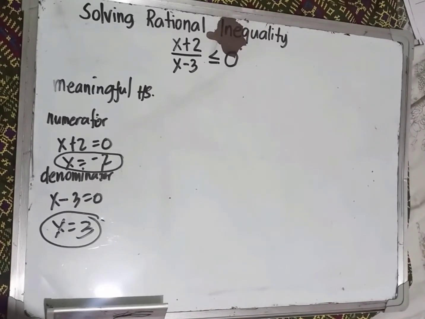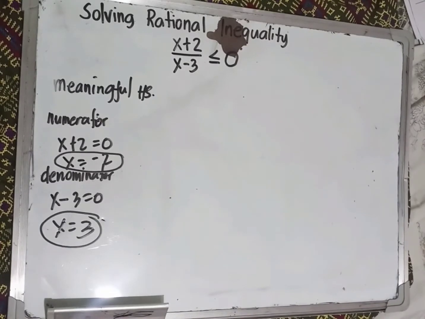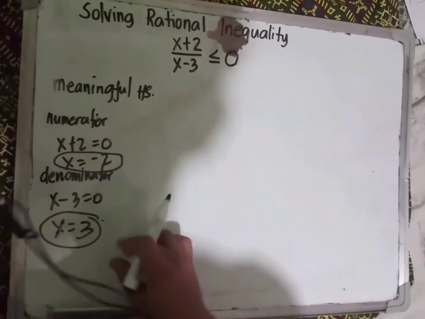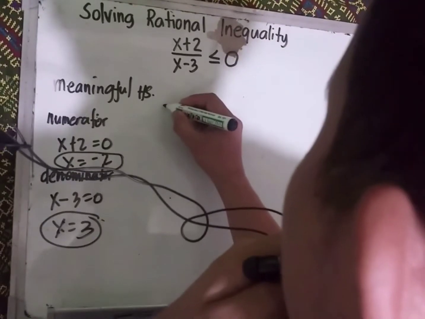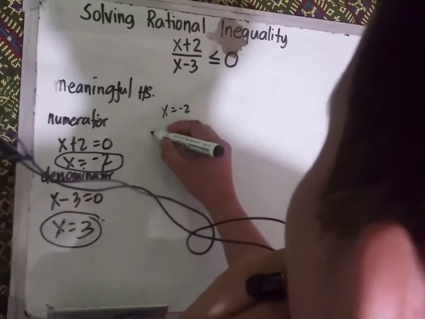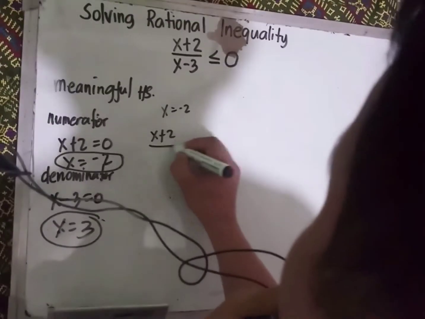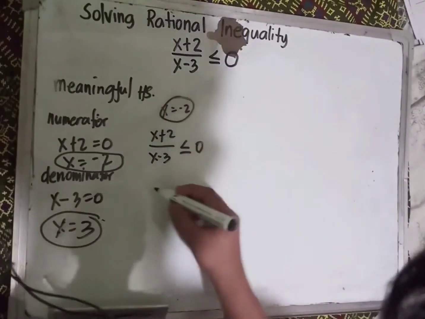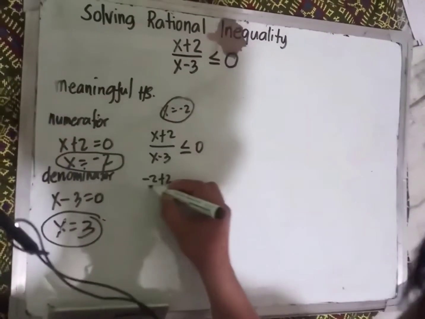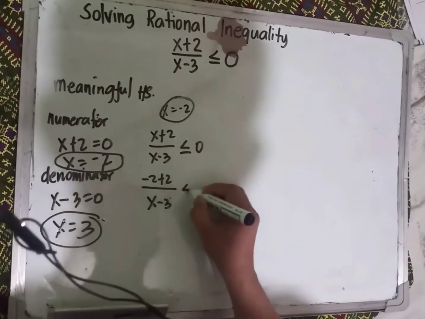Next, use the meaningful numbers to separate the number line into intervals. But before that, let's test these first. Substitute negative 2 into the given inequality. When x = -2, (-2 + 2)/(-2 - 3) ≤ 0.